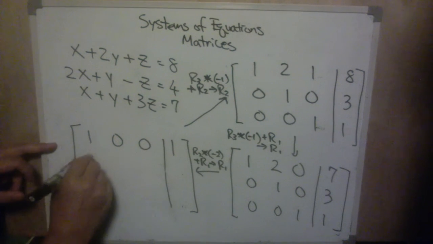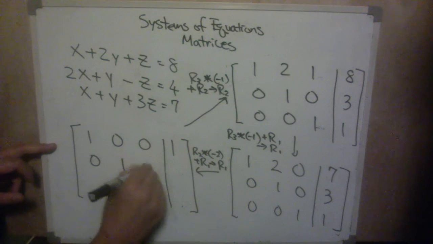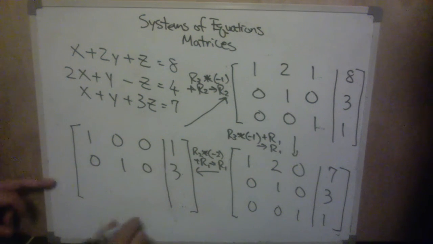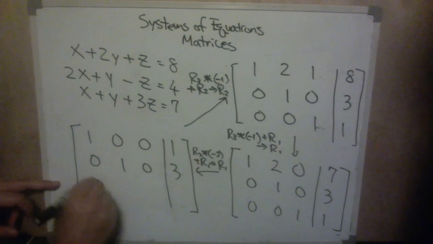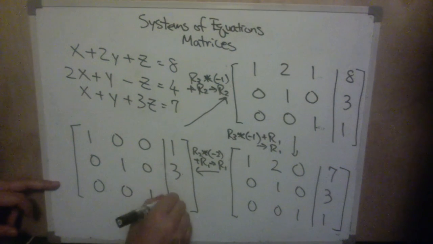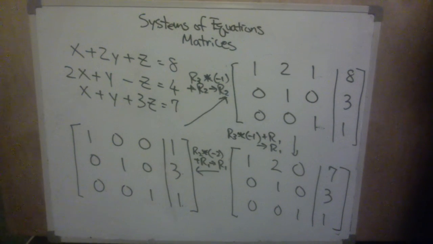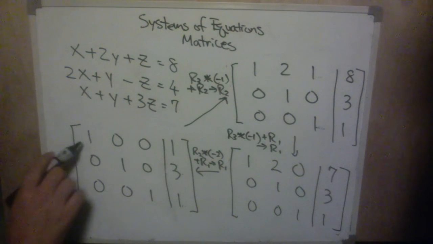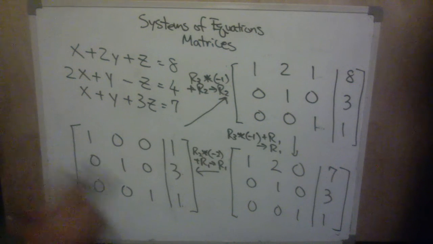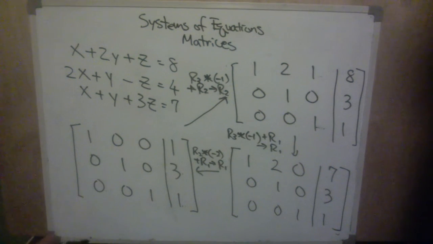Row 2 stays the same: 0, 1, 0, 3. And row 3 stays the same: 0, 0, 1, 1. So voila, we're done. We have our solution. We have 1s in the diagonal positions, and 0s everywhere else. So that's our solution.